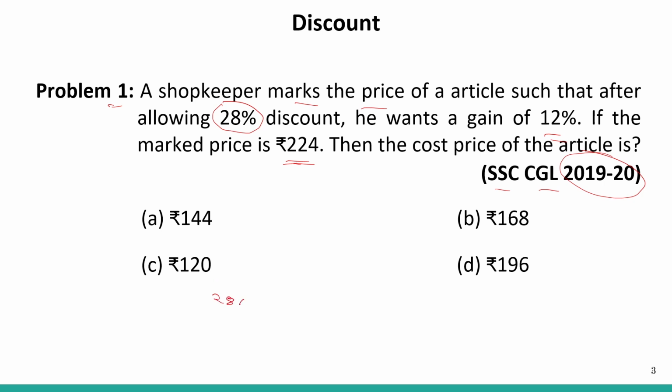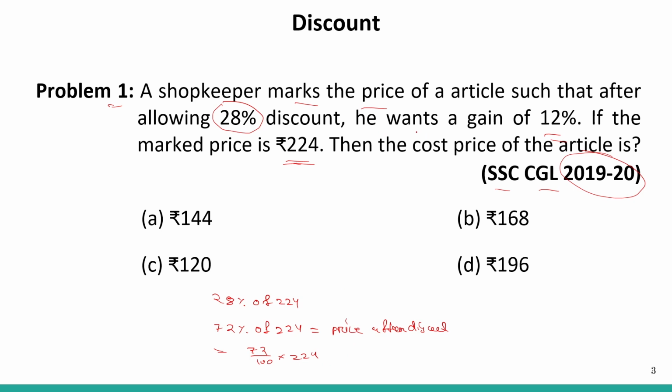So after discount, how much will be remaining? 72% of 224 is equal to the price after discount, so this will be 72 by 100 into 224, right?